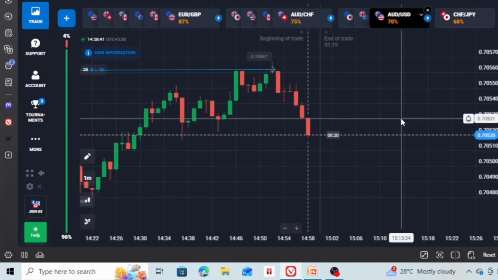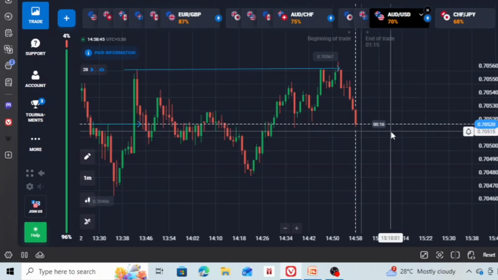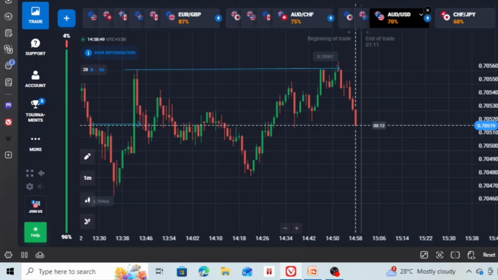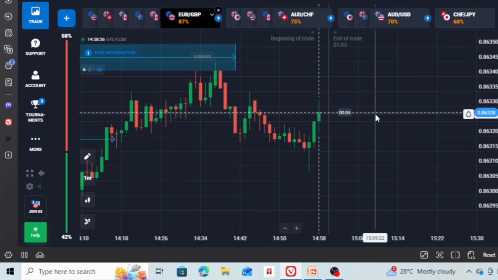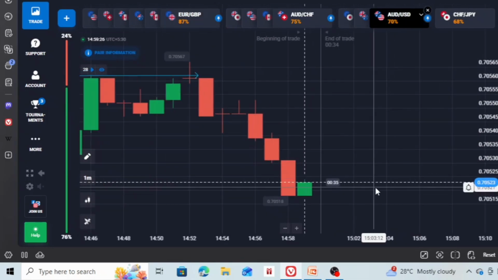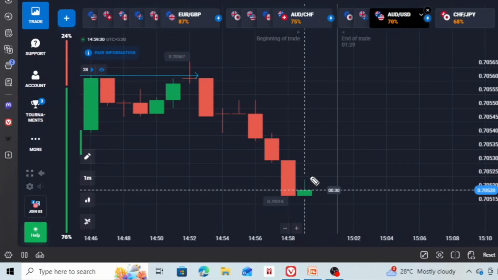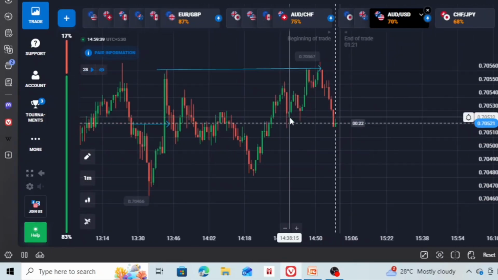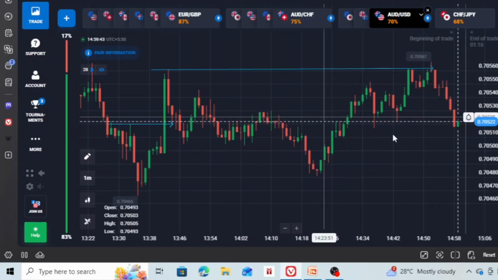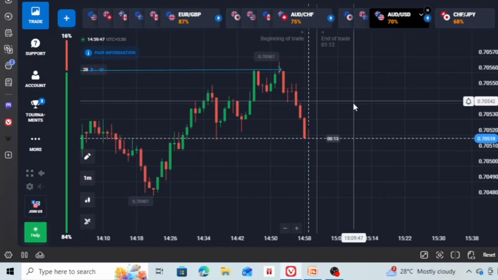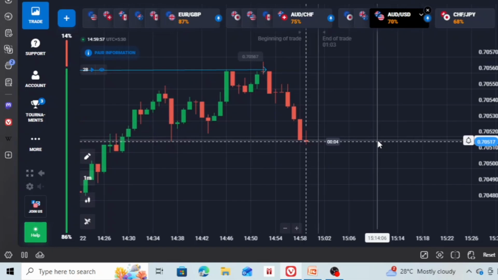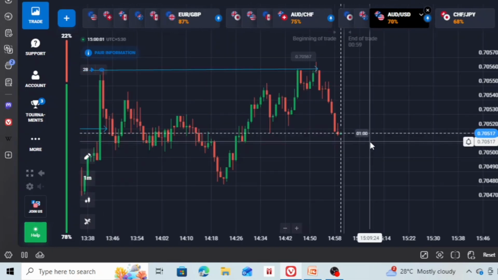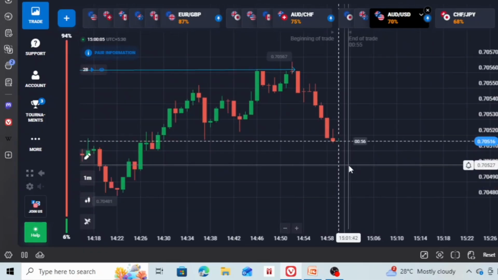If we get a green candle here, if this current running candle forms a green candle, then we will take our break to the downward direction. If it forms a red candle, we are not taking the trade.